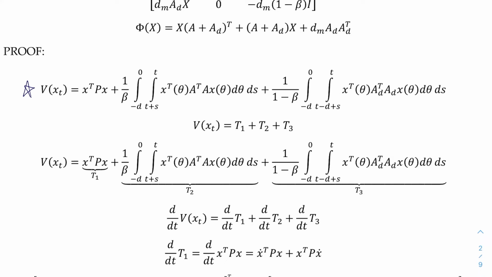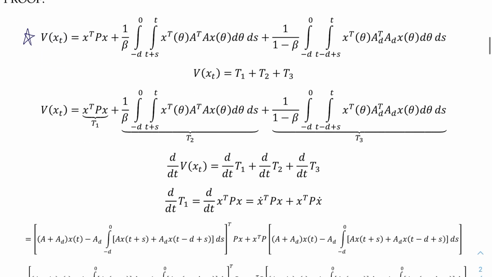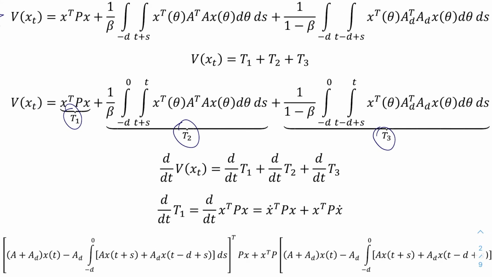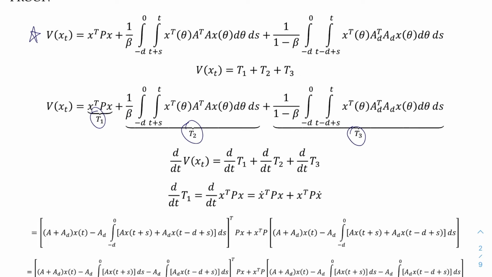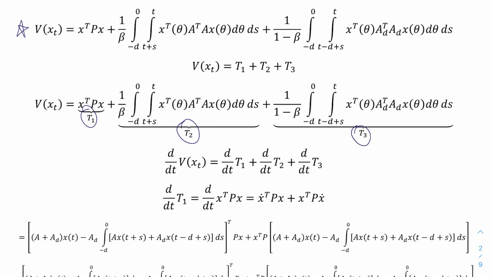Okay, so let's begin. We need to take the time derivative of that expression. Here we have t1, t2, and t3. Wow, that looks incredibly small. I'm kind of sorry for that. So here, the time derivative of that, and since we have that, take the time derivative of each expression.